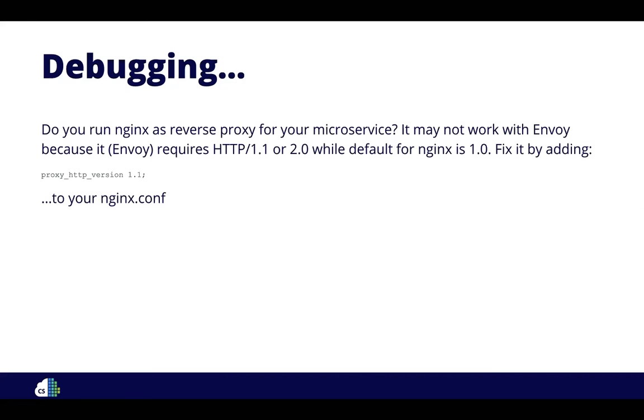The traffic would not be hitting the application. That's because Envoy requires minimum HTTP 1.1 protocol, and by default, if you run Nginx in reverse proxy mode, it will use 1.0. Again, I'm not entirely sure if that's still the case, but not everybody updates to the latest version, so you may find yourself in that situation.